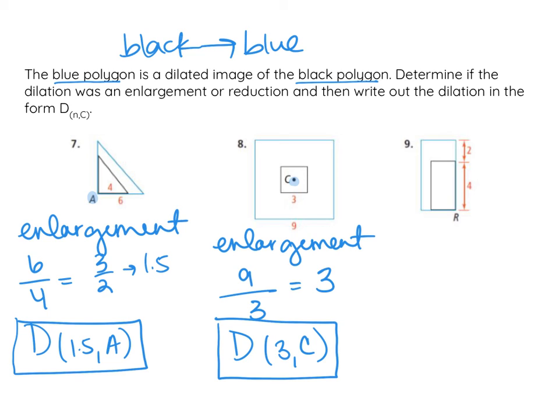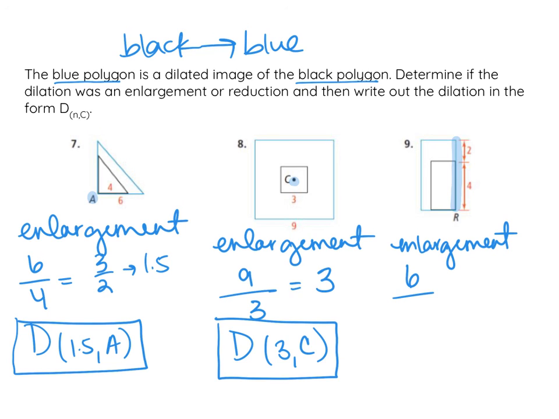Okay, another one here. Again, black to blue, still getting larger, so another enlargement. But now we have to be careful about the sides. Okay, so I'm going image. If I look at this whole length, right, I can't just put the 2 because this whole length is the 2 plus the 4. So that is 6.